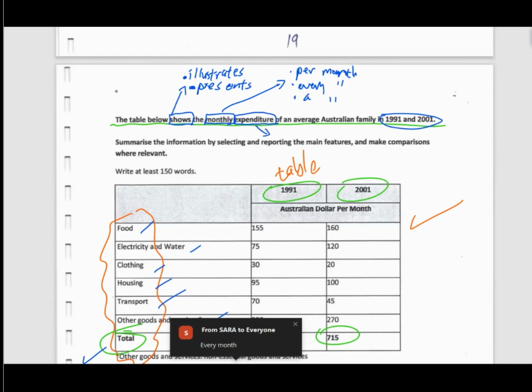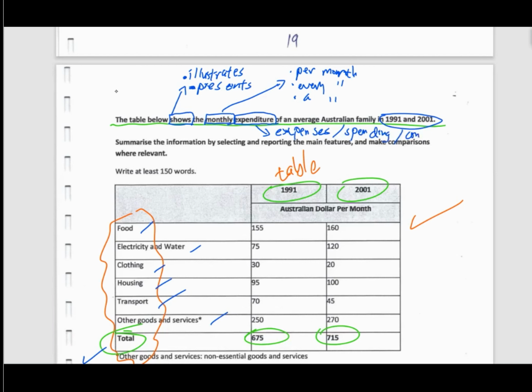Expenditure: expenses, spending, consumption, consuming, outlay.